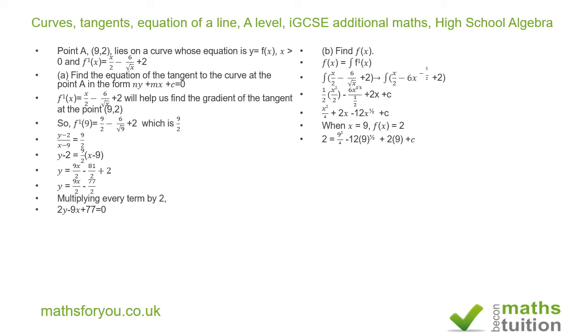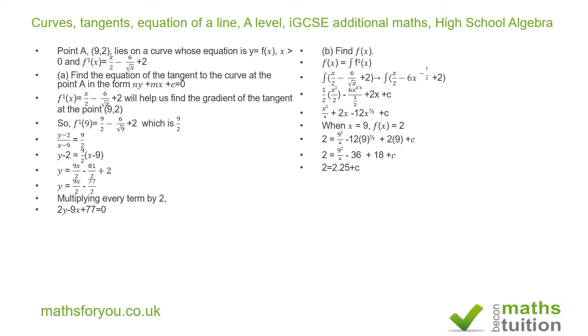So when we simplify, we end up with 2 is equal to 9 squared over 4 minus 36 plus 18. Now, minus 36 plus 18 is minus 18. And 9 squared over 4 is 20.25. So we have 20.25 minus 18 plus c.